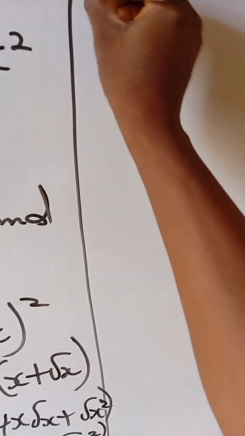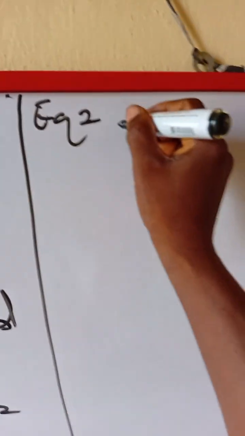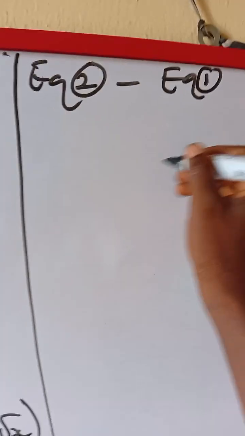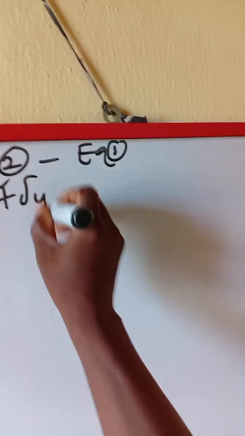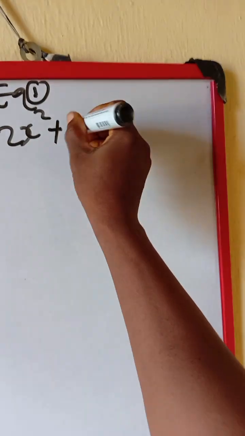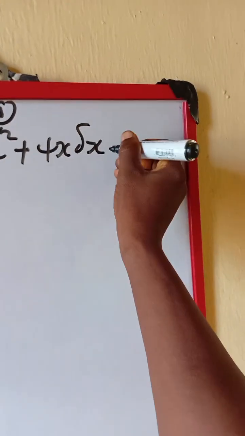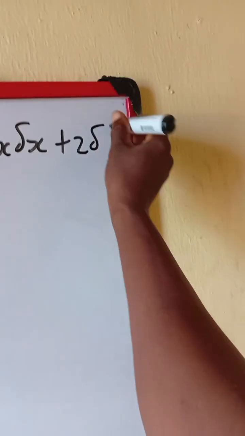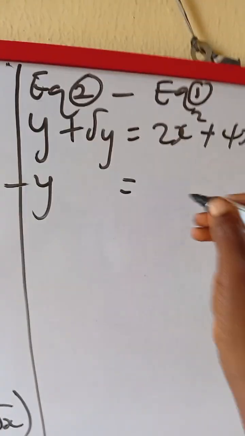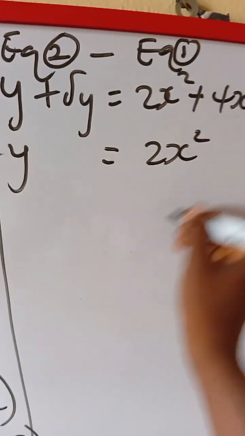Then I will now subtract equation 2 minus equation 1. So equation 2 is y plus small change in y equals 2x squared plus 4x small change in x plus 2 small change in x squared, minus equation 1, which is 2x squared.